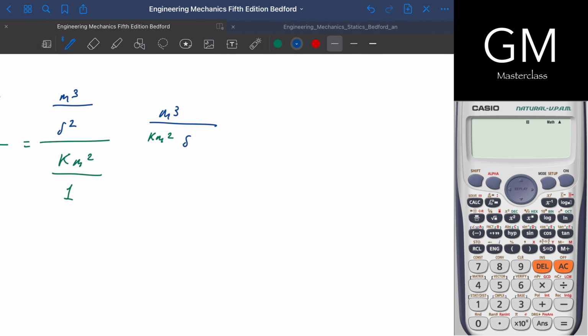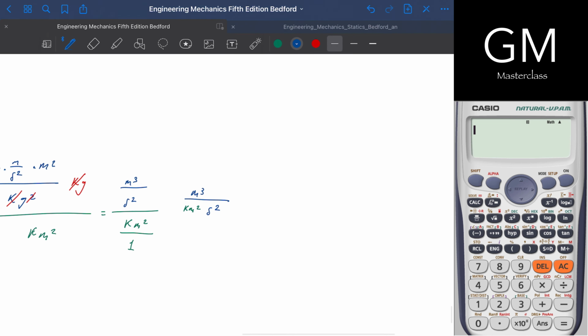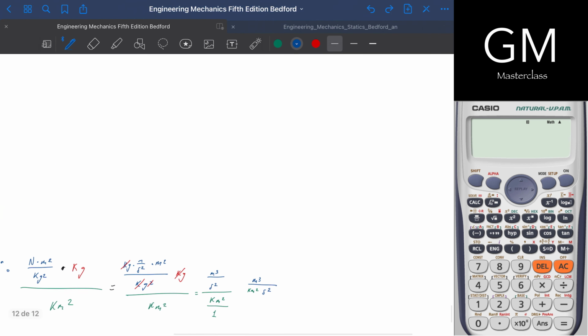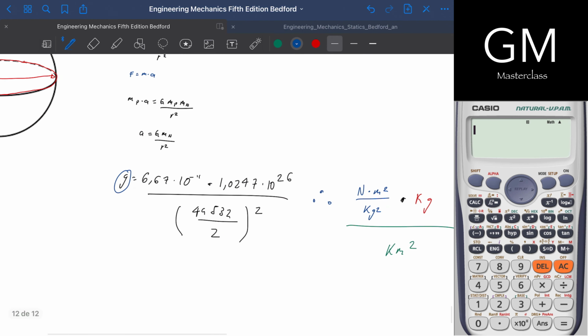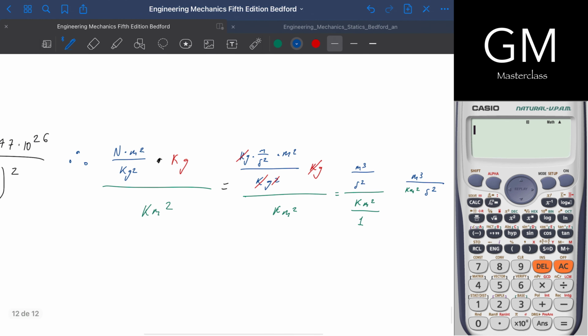Now, those are not the units I'm looking for. I am looking for the unit of the acceleration due to gravity. So if I am talking about international system unit, it should be meters per square seconds.